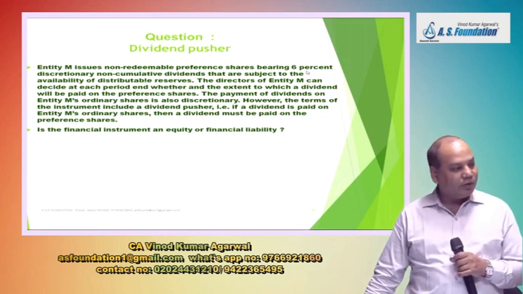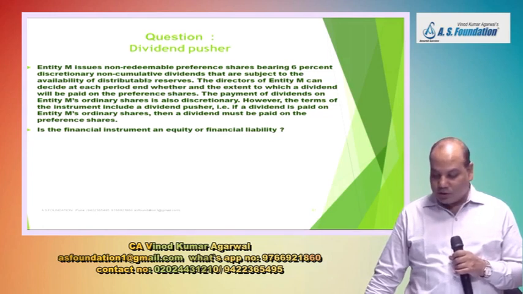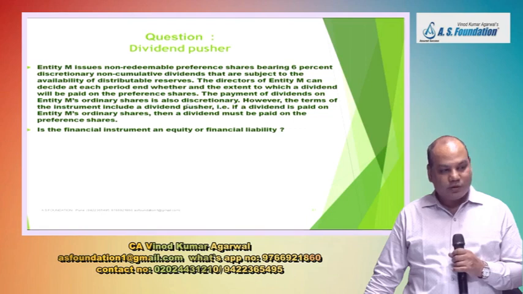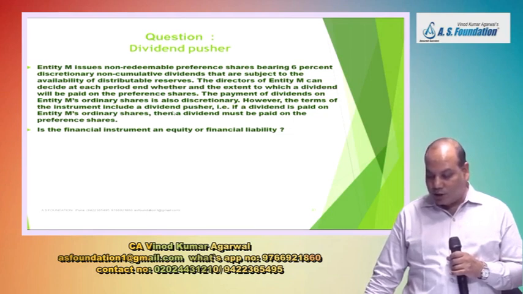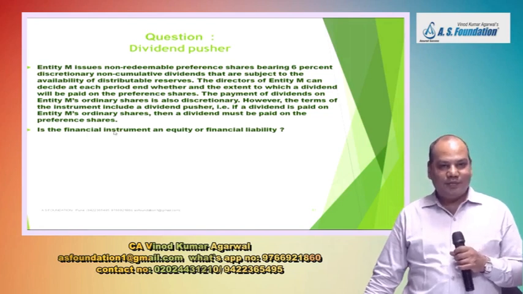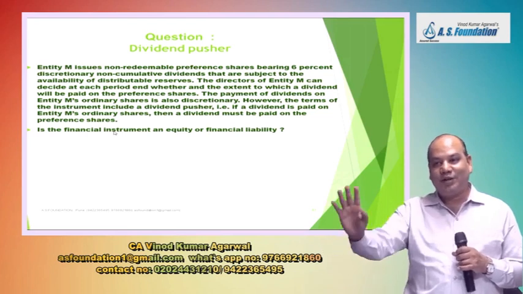Now here at least the rate is defined, but it is discretionary. Directors of M can decide at each period end whether and the extent to which a dividend will be paid on preference share. The payment of dividend on entity M ordinary share is also discretionary. However, the terms of instrument include a dividend pusher. If a dividend is paid on ordinary share, then a dividend must be paid on preference share. And dividend on ordinary share is discretionary.